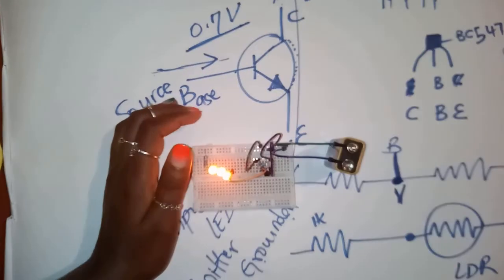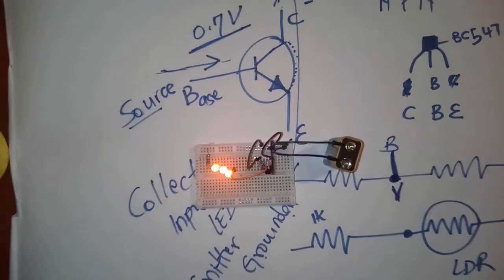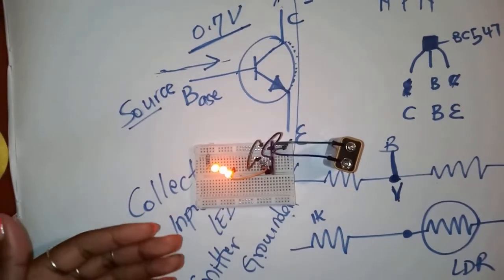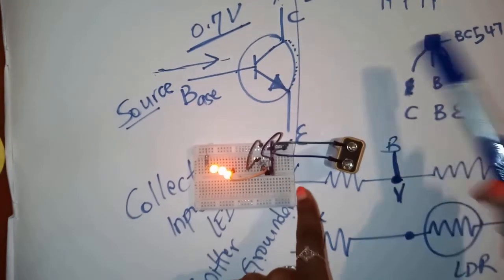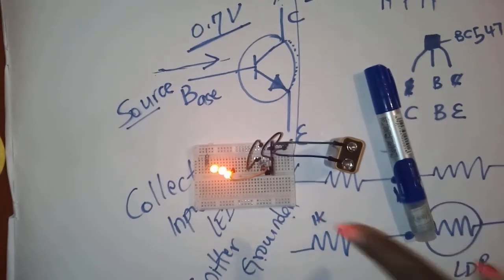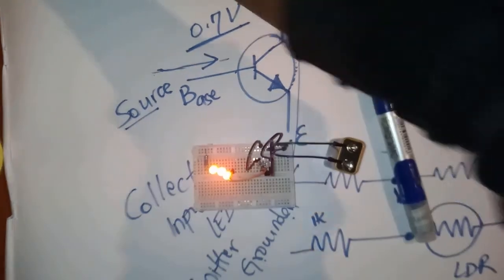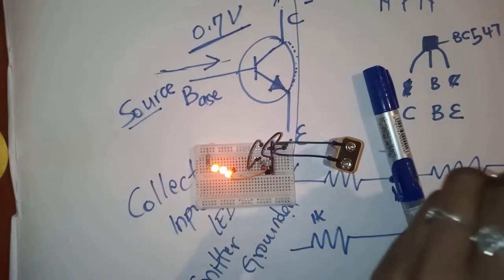Oh, I have just noticed the problem. So this was actually a challenge for me when I was working on this. When it lights up without dimming, then we need to increase the resistance. This was 1000 ohms, so let me just use the one that worked well for me, 20k.